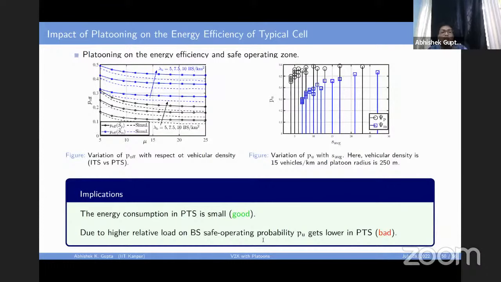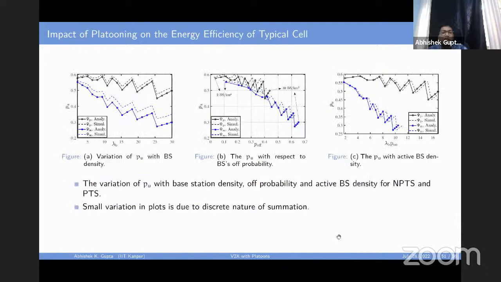And because of that, your overall safe probability of the load distribution may get lower in the platoon traffic. Okay. So basically this shows that the safe operating probability is better in the non-platoon traffic.